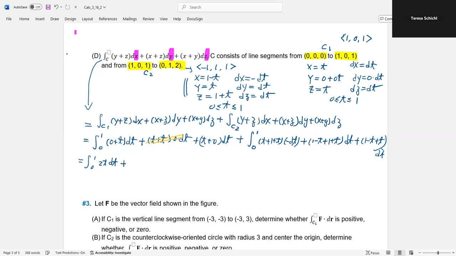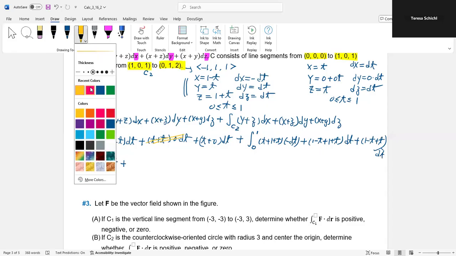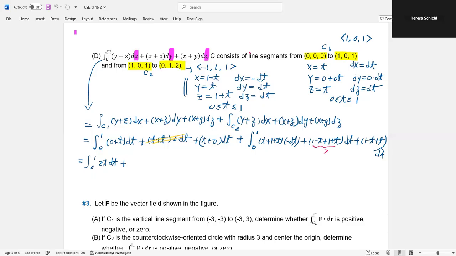Now the second one here, you have negative dt. Okay, so let's just simplify it a little bit. Hopefully it will help us to see. So this t and this t, so this is a 2. And this t and this t, this is 1. And this is a negative 2t, negative 1. All right, so 1 and 1 cancel. So it's a 2 minus 2t. So it only has a 2 minus 2t here.